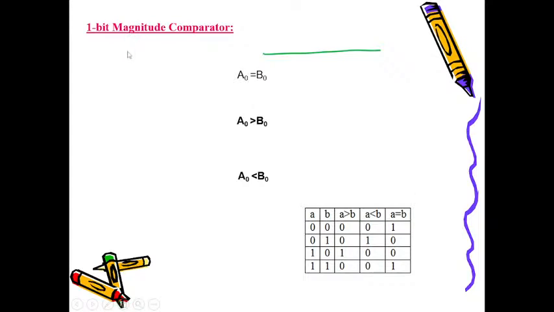If a client is asking you, as a design engineer, to design and give a one bit or single bit magnitude comparator, how will you do it?